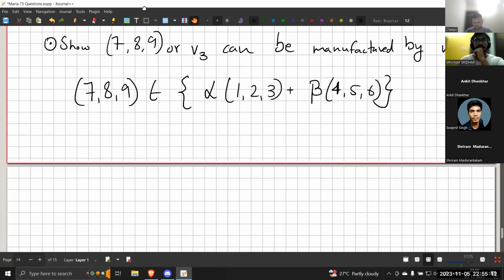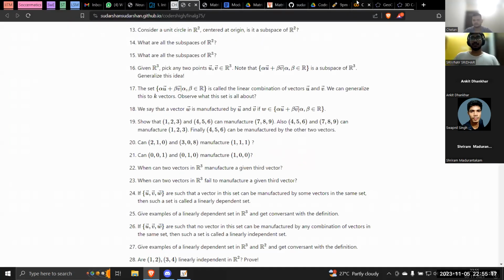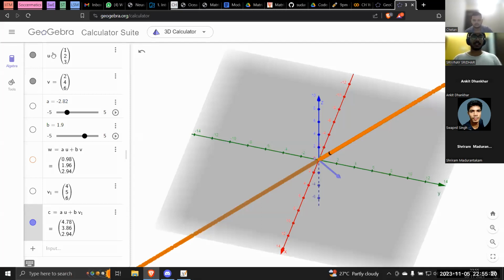We can easily show this using GeoGebra. Perfect. So let's go to the easier visualized way, right?